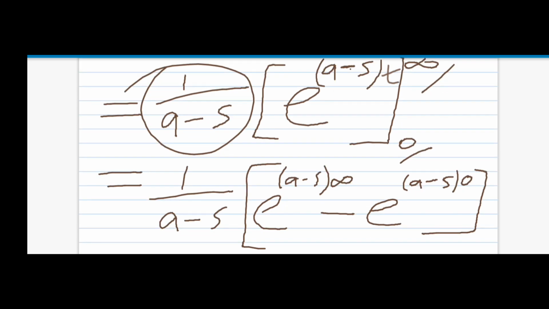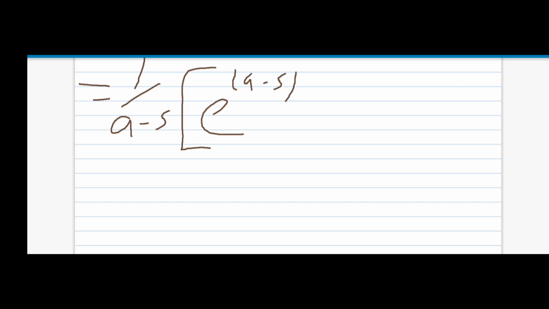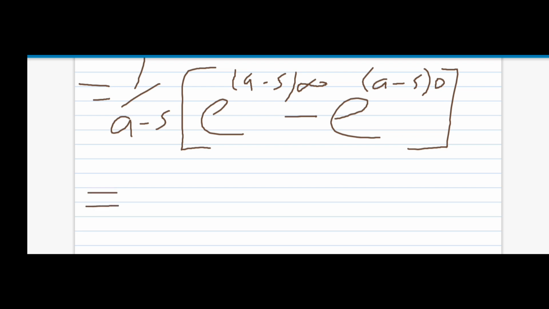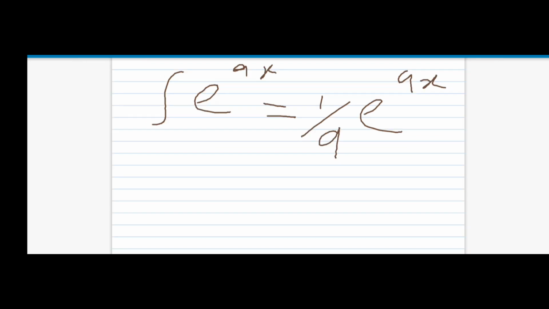Okay, let's proceed. Therefore we have equal to 1 over a minus s, open brackets, e raised to power a minus s infinity minus e raised to power a minus s 0. From there, you have to take note of this: e raised to power 0 is 1 and e raised to power minus infinity is 0.